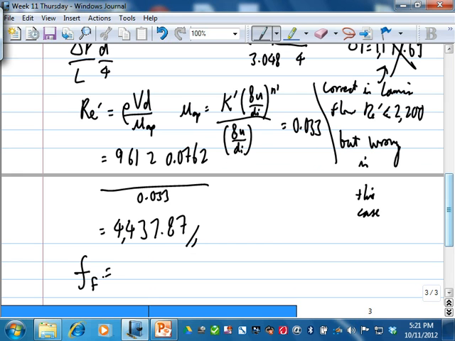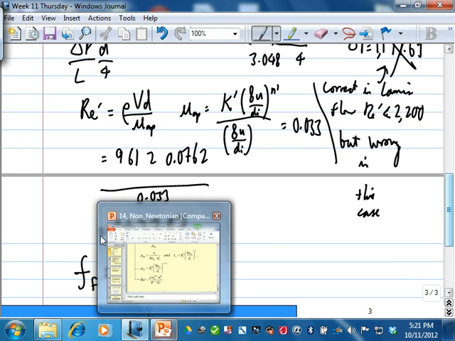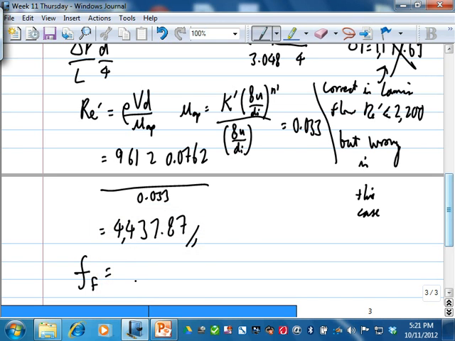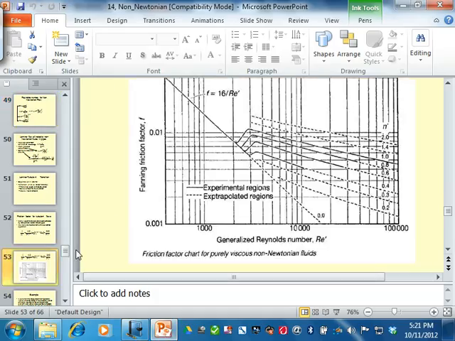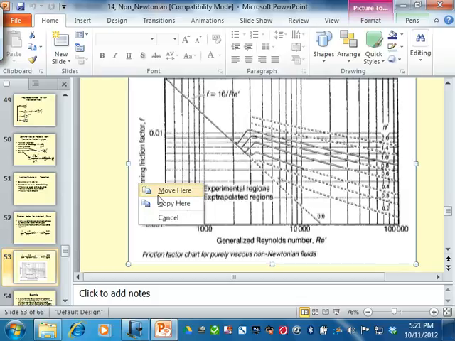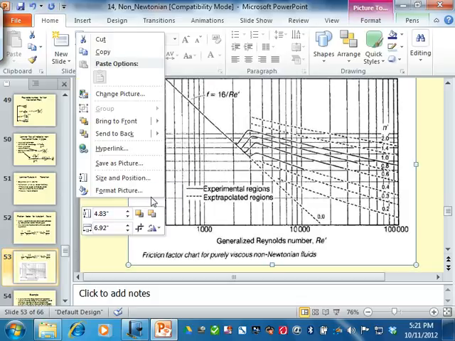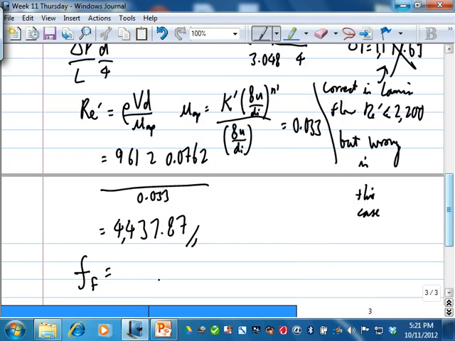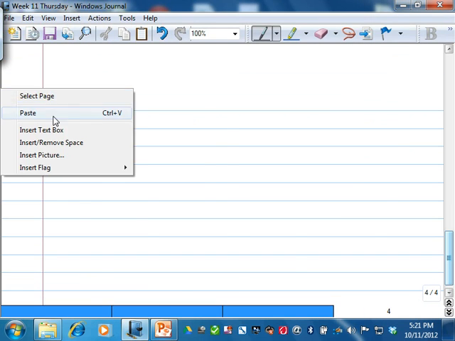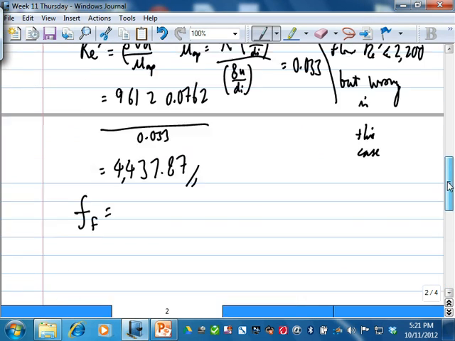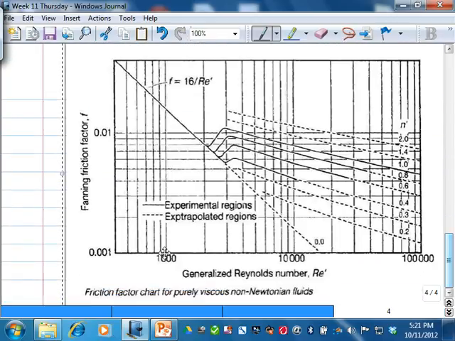So that one we look up the graph. Remember our Reynolds number 4004 and our n prime 0.3. Copy and paste. Okay, so 1,000, 2,000, 3,000, 4,000, about here. 4,004, is it?